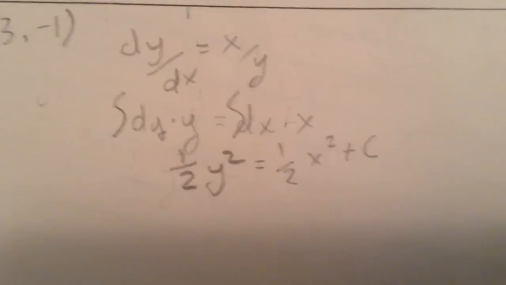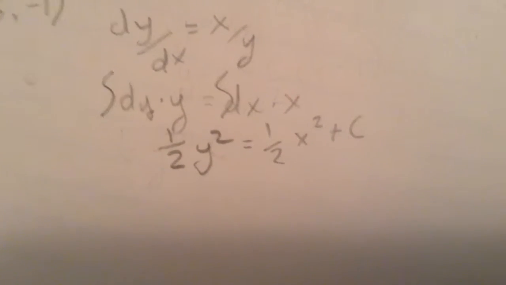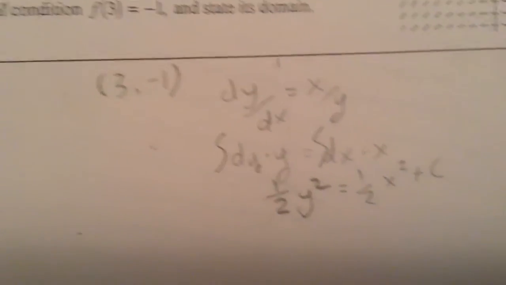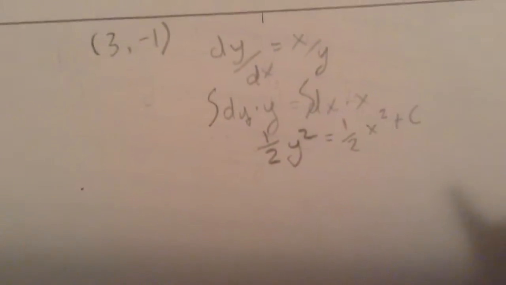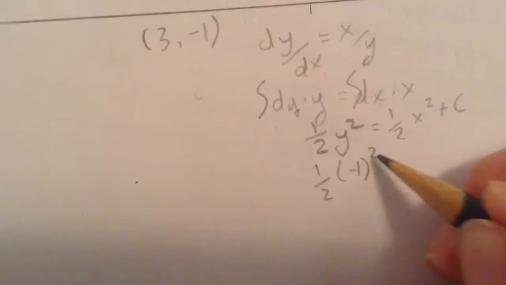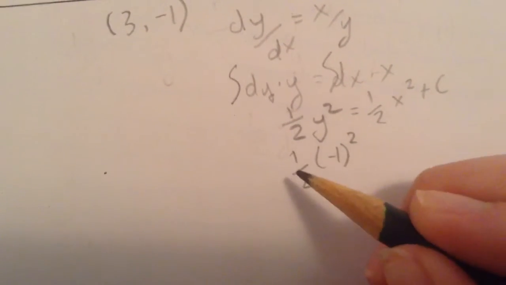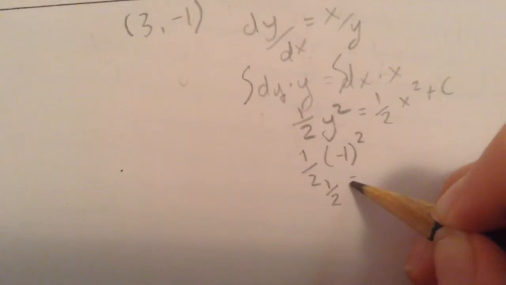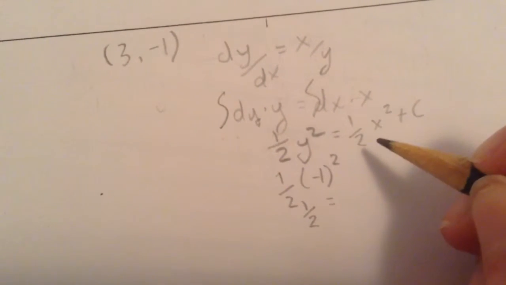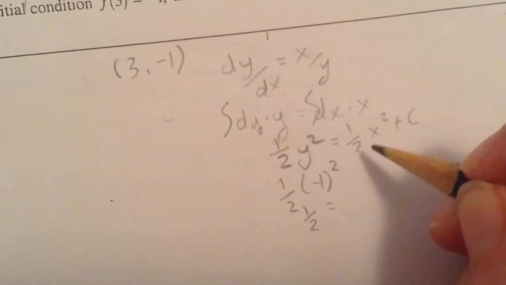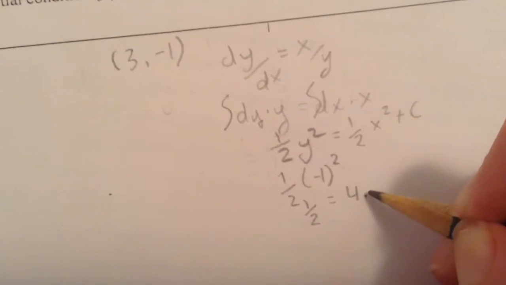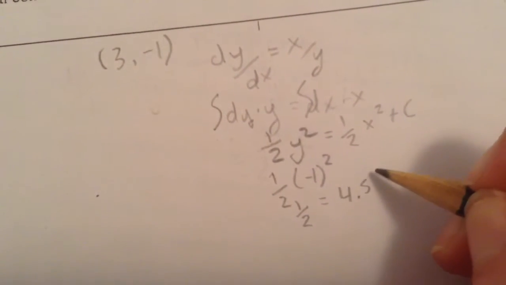Now that we know the integrated equation is 1/2 y squared equals 1/2 x squared plus c, we can solve for c using the point that they gave us, (3, -1). We plug in -1 for y to get 1/2 times (-1) squared, and (-1) squared is just 1, so 1 times 1/2 is 1/2, equals 1/2, and we plug in 3 for x, so 1/2 times 3 squared. 3 squared is 9, times 1/2 is 4.5, and then plus c.